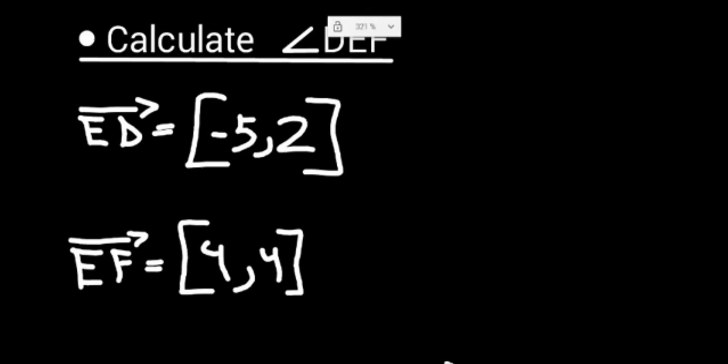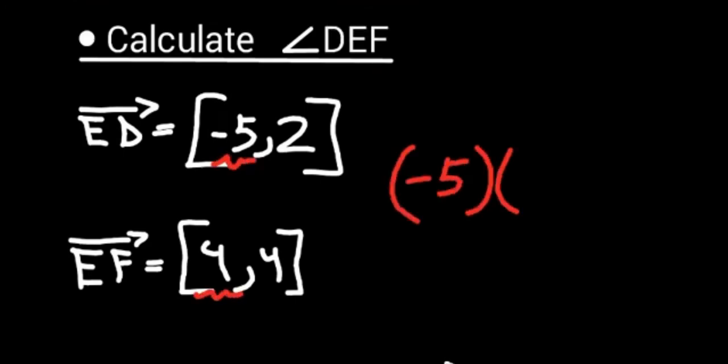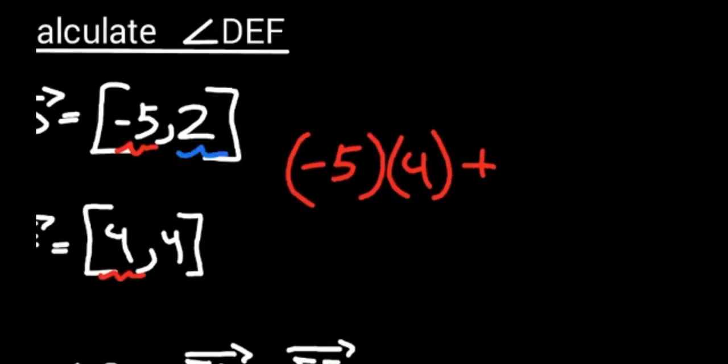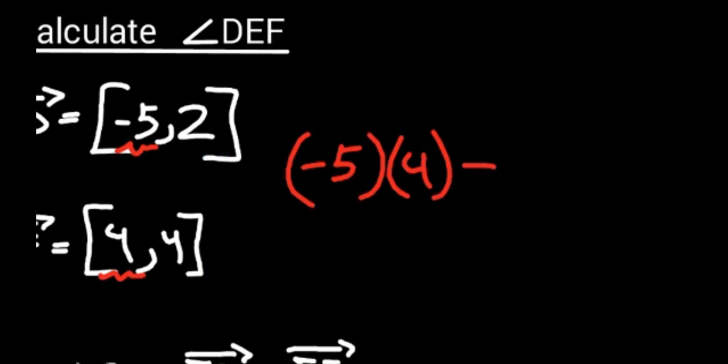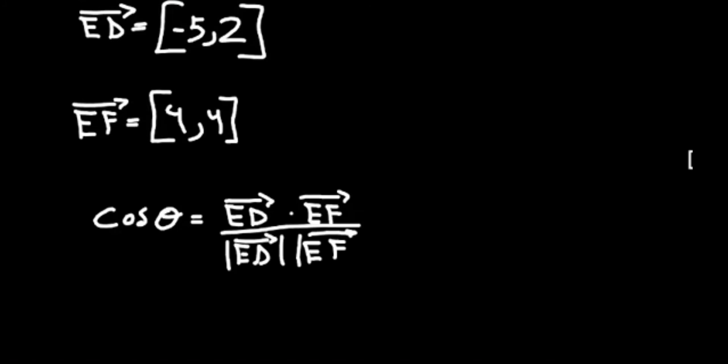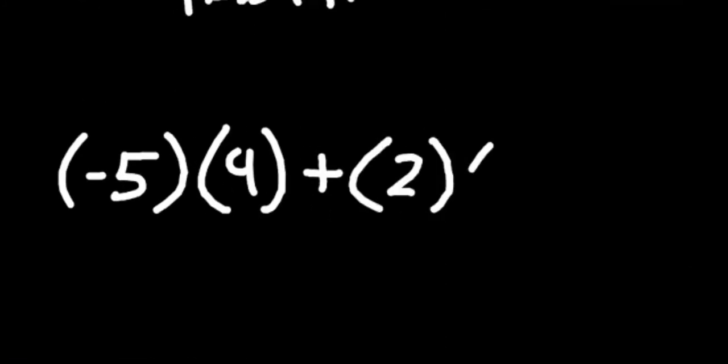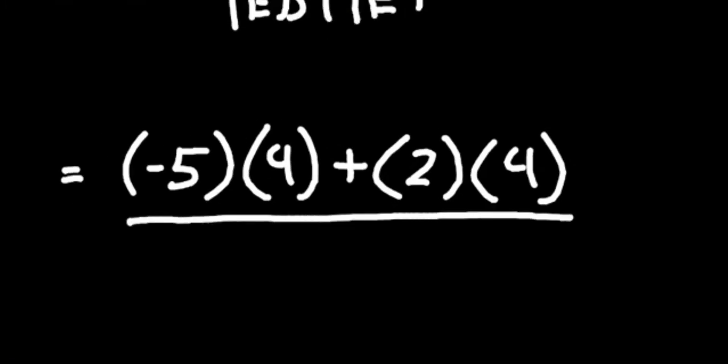Now how we find the dot product is that we multiply the x values from ED and EF, and then we add that to the y values from ED times EF. And then that's divided by the magnitudes.